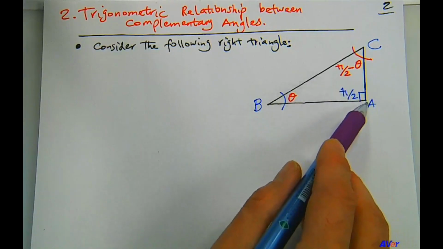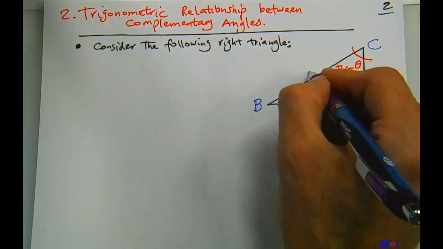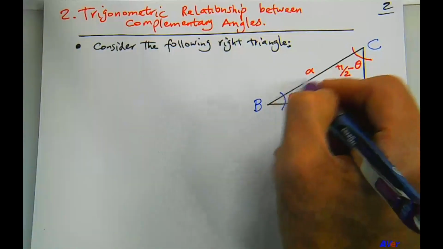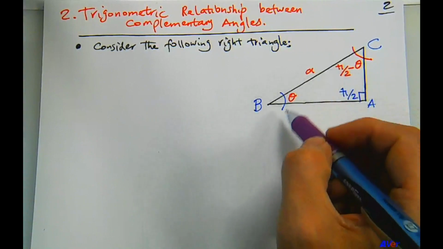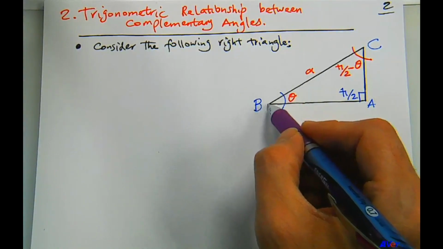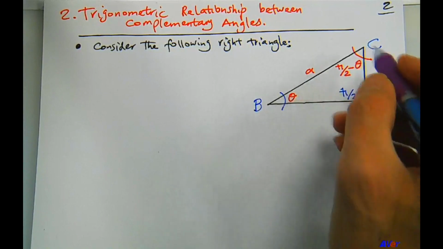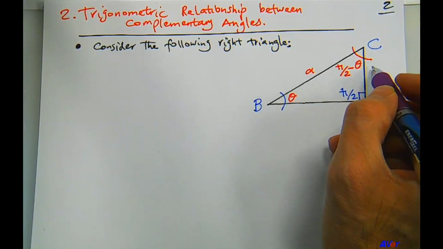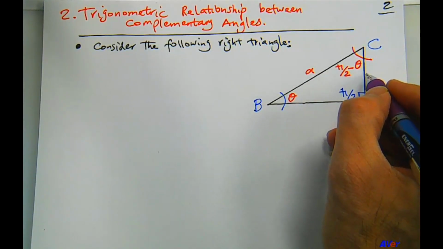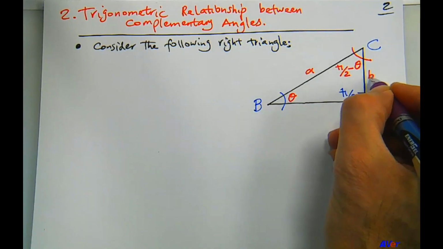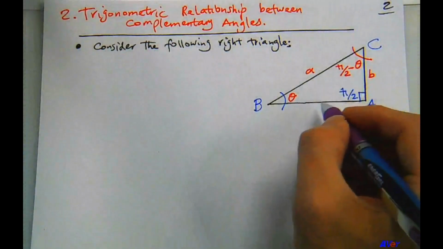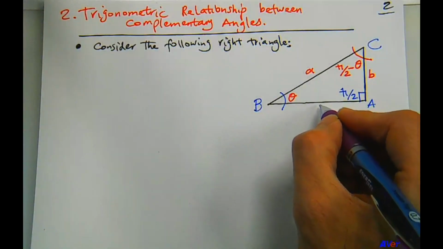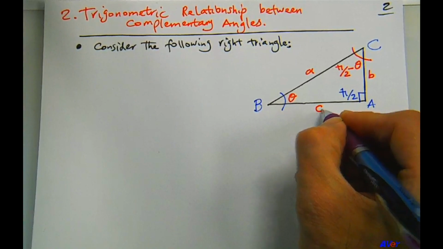So if this angle is capital A, we're going to say the length of this side is lowercase a. If this vertex is B, then the length of the side opposite to this corner is lowercase b, and the length of this side opposite that corner is lowercase c.